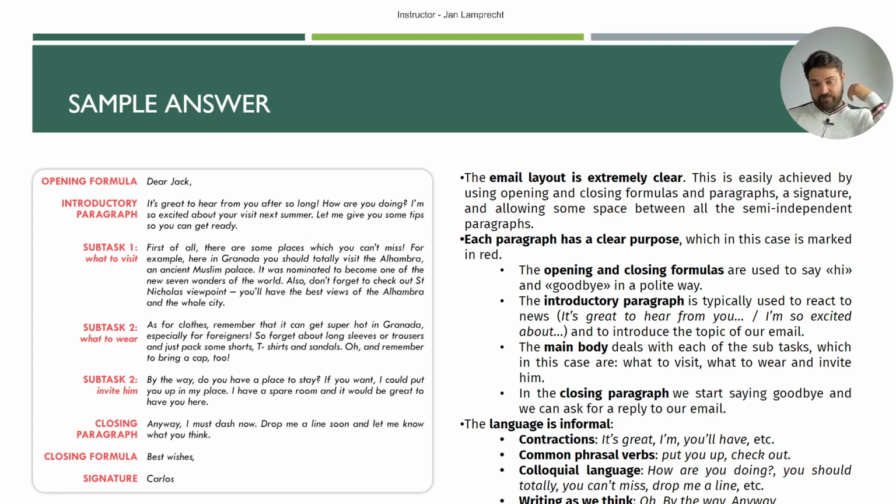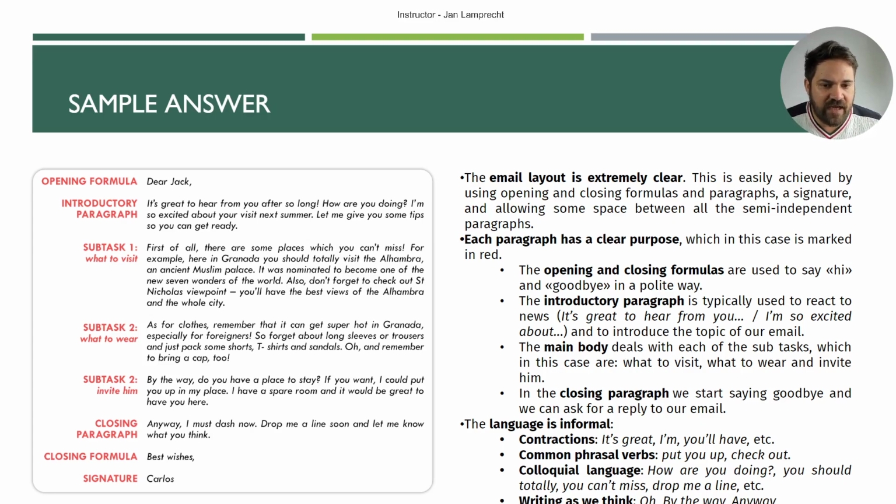So first of all, the paragraph. Remember what to visit. This was part of the question. So let's look at how it is used here. First of all, there are some places which you can't miss. For example, here in Granada, you should totally visit the Alhambra, an ancient Muslim palace. It was nominated to become one of the new seven wonders of the world.